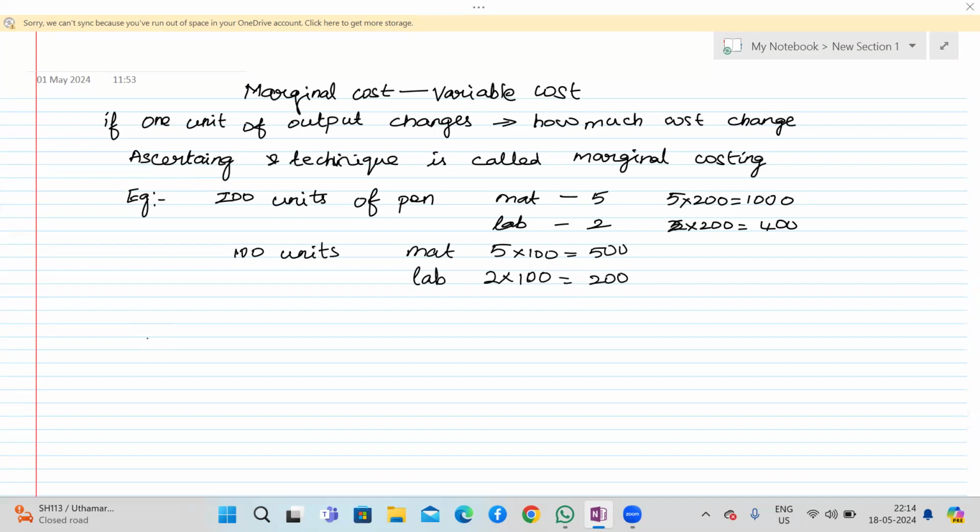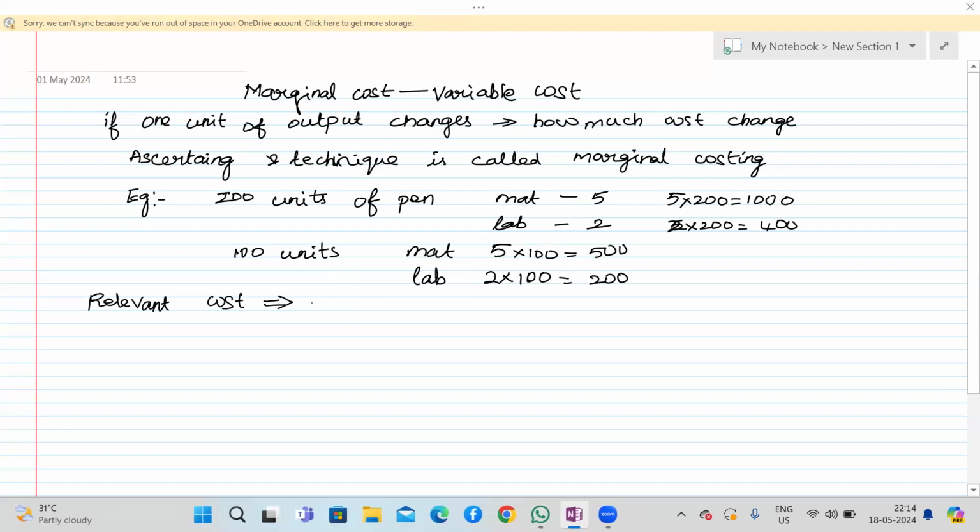For decision making purposes, we are considering only variable cost, because whether I accept the order or not, I have to pay the rent. So here, fixed cost is not relevant for decision making. In marginal costing, the relevant cost for decision making is my variable cost.